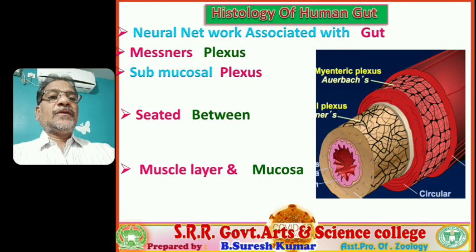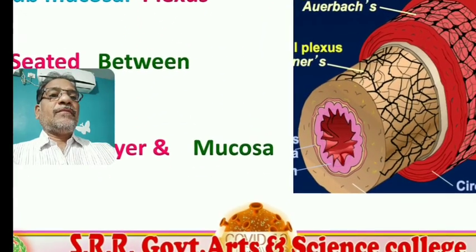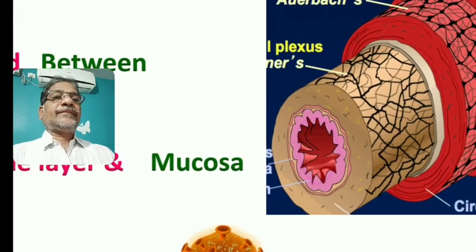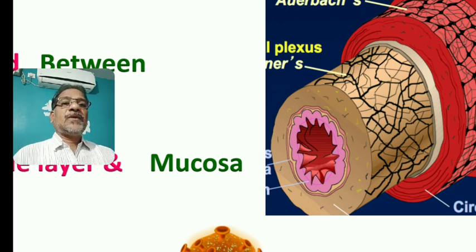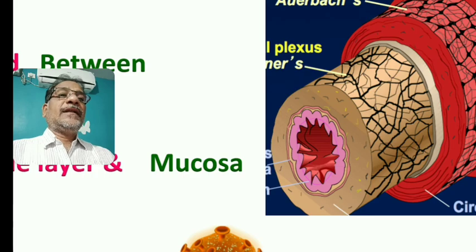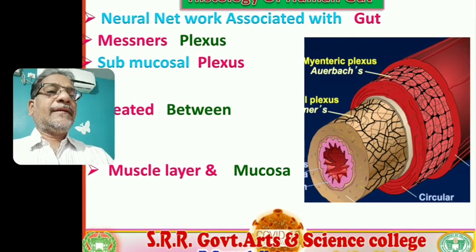Alright. So you observe this visual. A brown color sheath is there. That is the submucosa. It's seated in the submucosa, hence called the submucosal plexus, between the muscle layer and the mucosa lining.